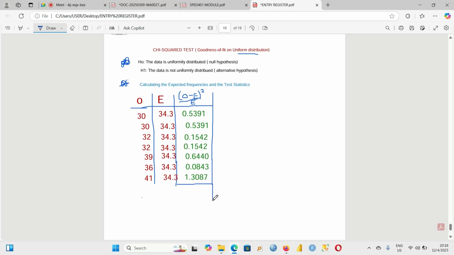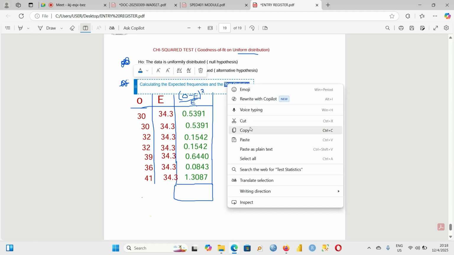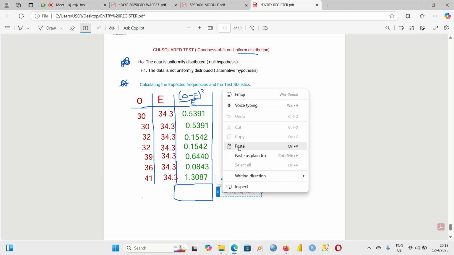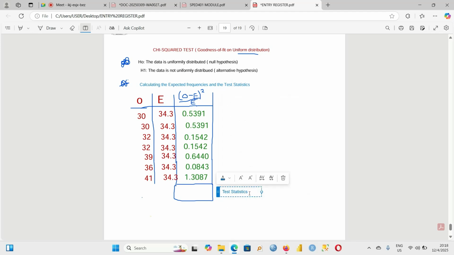We find the test statistic by taking the sum of everything in green. This is our test statistic. We don't have an S here. It's a test statistic.